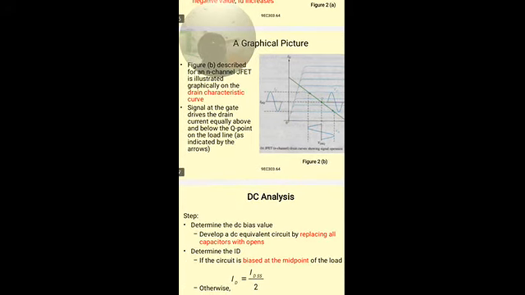With an increase in the gate voltage, there is a corresponding increase in the drain current, and that will decrease the drain to source voltage.